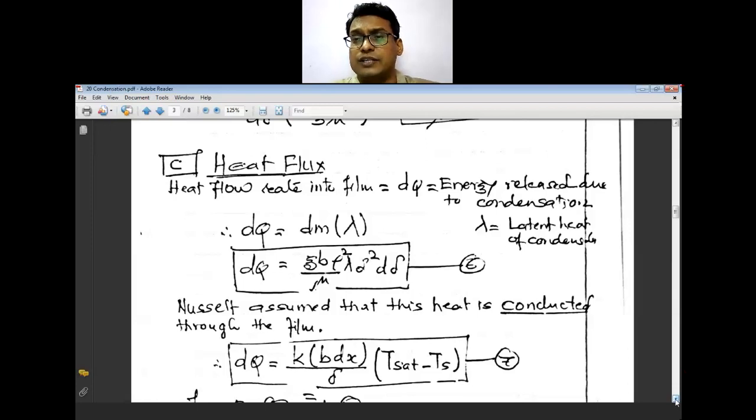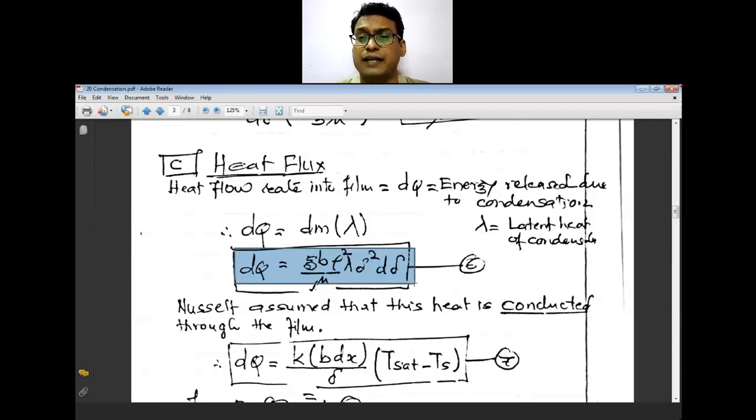So we are doing the calculation in a small volume element. So dq is equal to dm into lambda, which simplifies to this. And whatever heat is transferred into the film is getting conducted through the film.